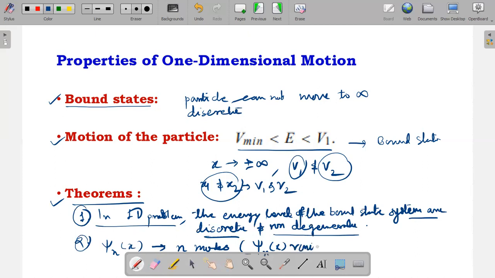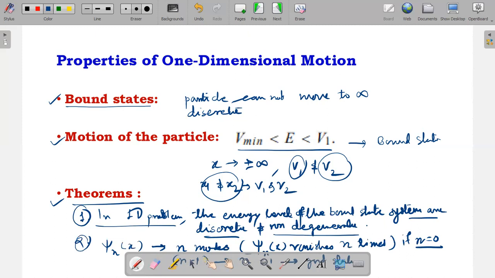If n equals 0, this corresponds to the ground state, and it has n minus 1 modes if n equals 1, which corresponds to the ground state.